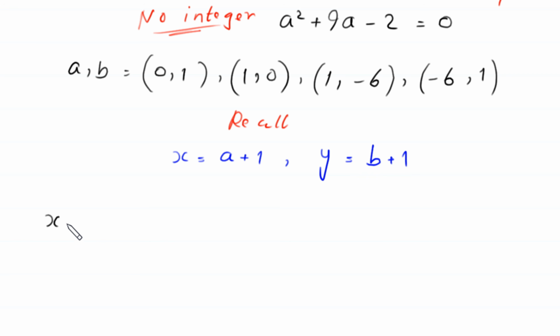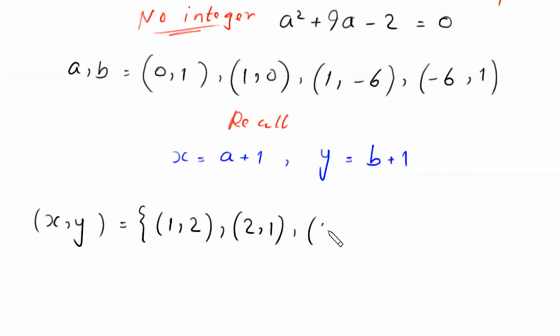So x comma y will be equal to 0 plus 1 is 1 comma 1 plus 1 is 2. In the same way, the second pair is 2 comma 1. And the third pair will be 1 plus 1 is 2 and negative 6 plus 1 is negative 5. And the fourth pair is negative 6 plus 1 is negative 5 and 1 plus 1 is 2. This is the final answer of this problem.